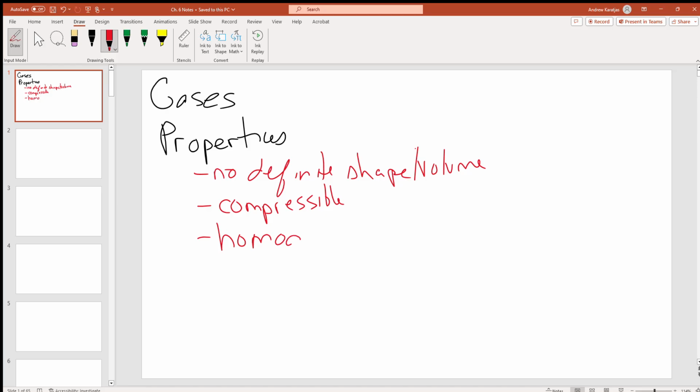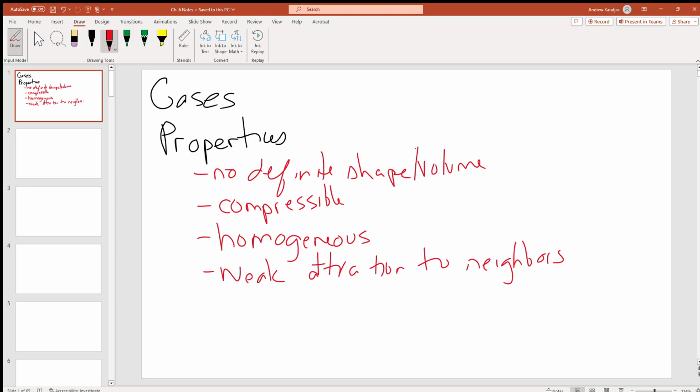When you mix gases, they're very easy to mix. We get homogeneous mixtures. And part of this is because they have a very weak attraction to neighboring molecules. Or we sometimes say that whatever the neighboring molecules are is irrelevant.